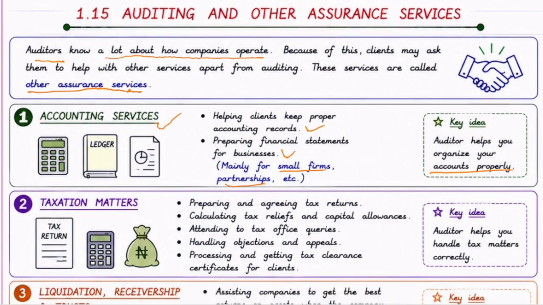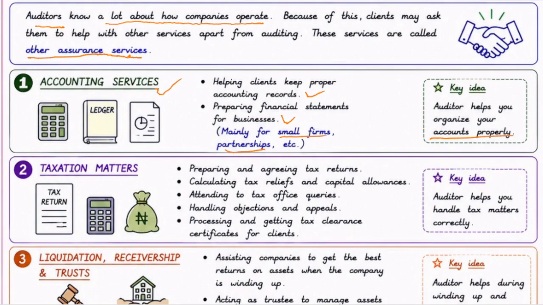Now, 2, taxation matters: preparing and agreeing tax returns, calculating tax reliefs and capital allowances, attending to tax office queries, handling objections and appeals, processing and getting tax clearance certificate for clients. Auditors help with handling tax matters correctly.